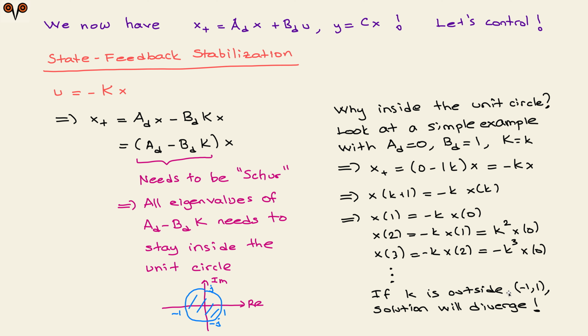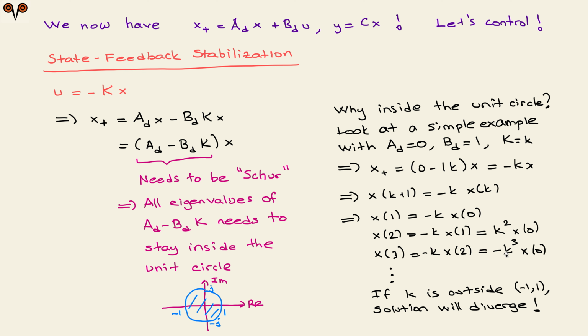If K is outside the interval between 1 and minus 1, let's say 2, then as k goes to infinity, we get 2 to the power of 3, 2 to the power of 4, 2 to the power of 5, and your system will diverge and be unstable.